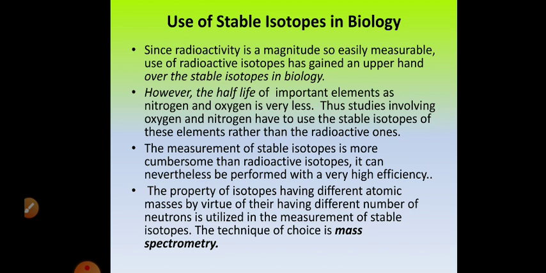What property is used? That isotopes have different atomic masses because they have different numbers of neutrons. This property we will be using in their measurement.